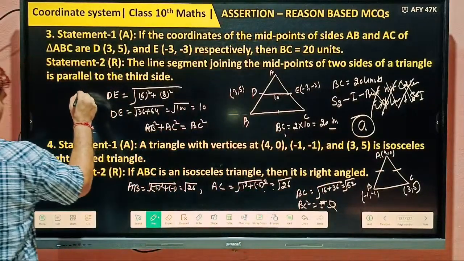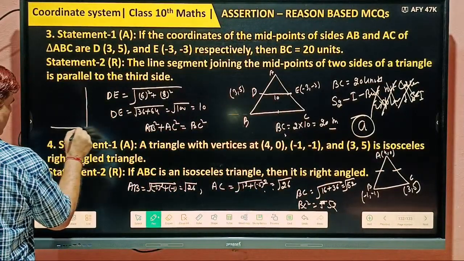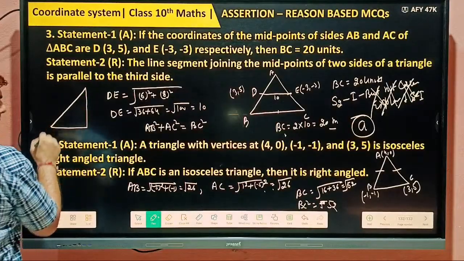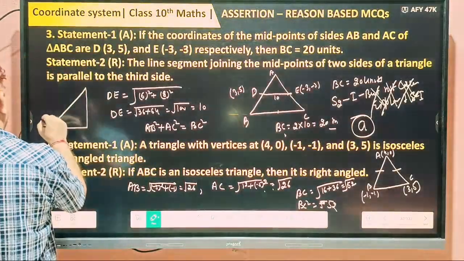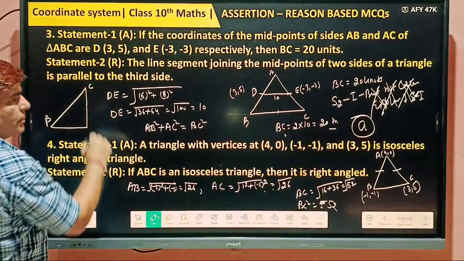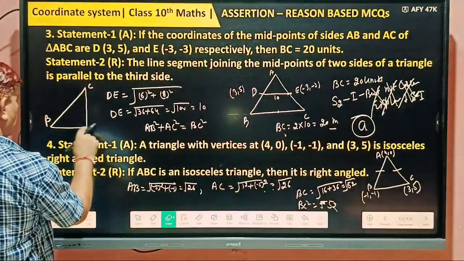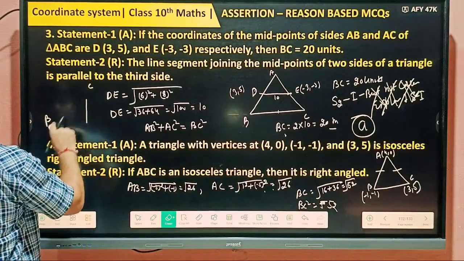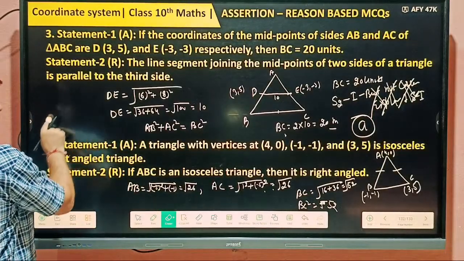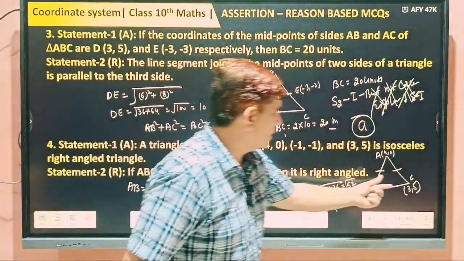And which one is the right angle? The right angle is opposite to the side BC. If this is BC, this is A, written as beta. So where is BC written? BC is written like this.